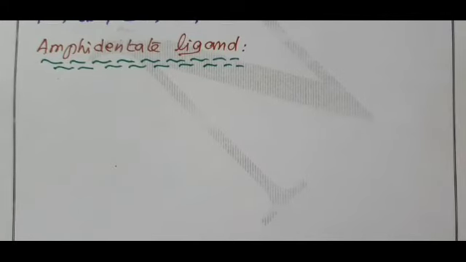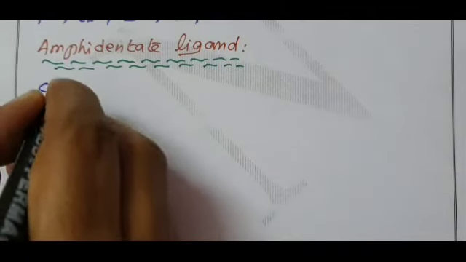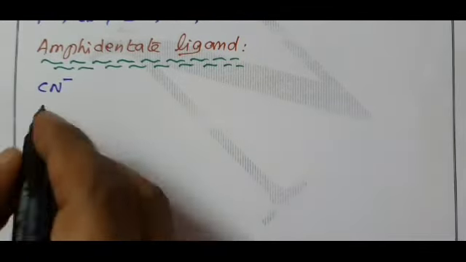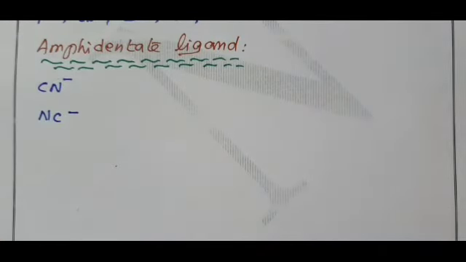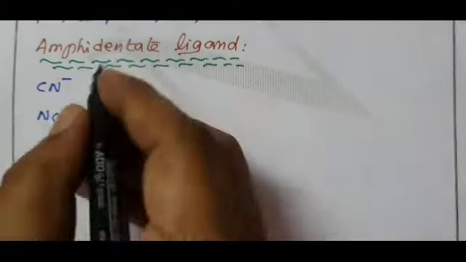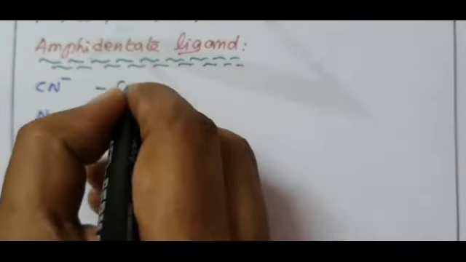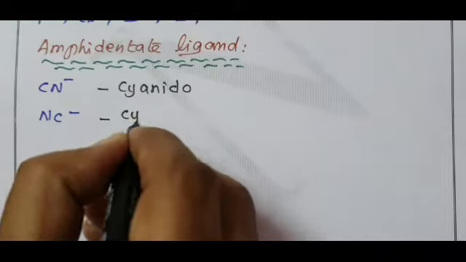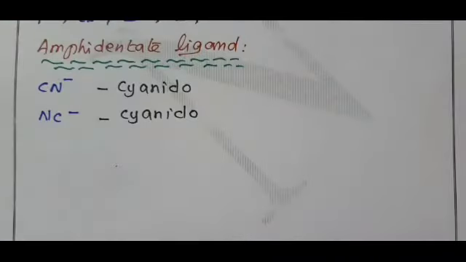What are they? CN minus, NC minus. Both the ligand names are given as the same: this is cyanido and this is also cyanido. Where do they differ?